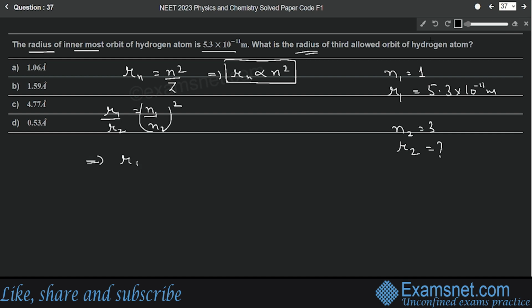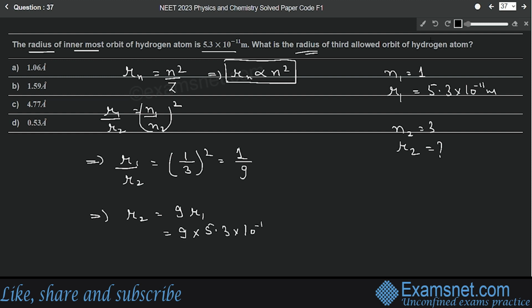So r1 by r2 will be equal to, n1 is 1, n2 is 3, 1 by 3 square, that is equal to 1 by 9. So we have to find out the value of r2, that will be equal to 9 into r1. That means 9 into, the value of r1 is 5.3 into 10 to the power minus 11 meter.